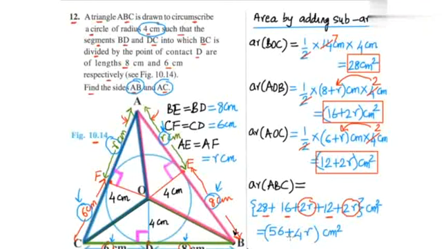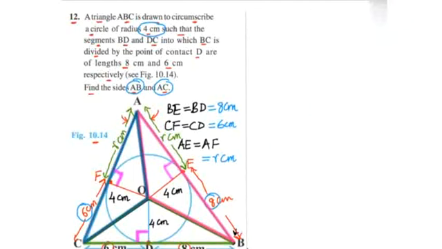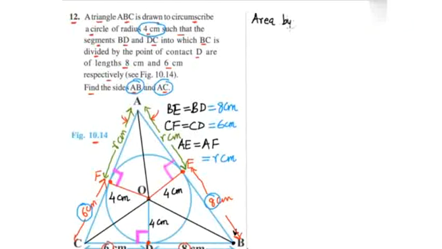Now let's calculate the same area of triangle ABC using Heron's formula. Alright, so now we are going to apply Heron's formula. And to apply this formula, remember that we have to calculate the semi-perimeter, the value of S for the triangle.